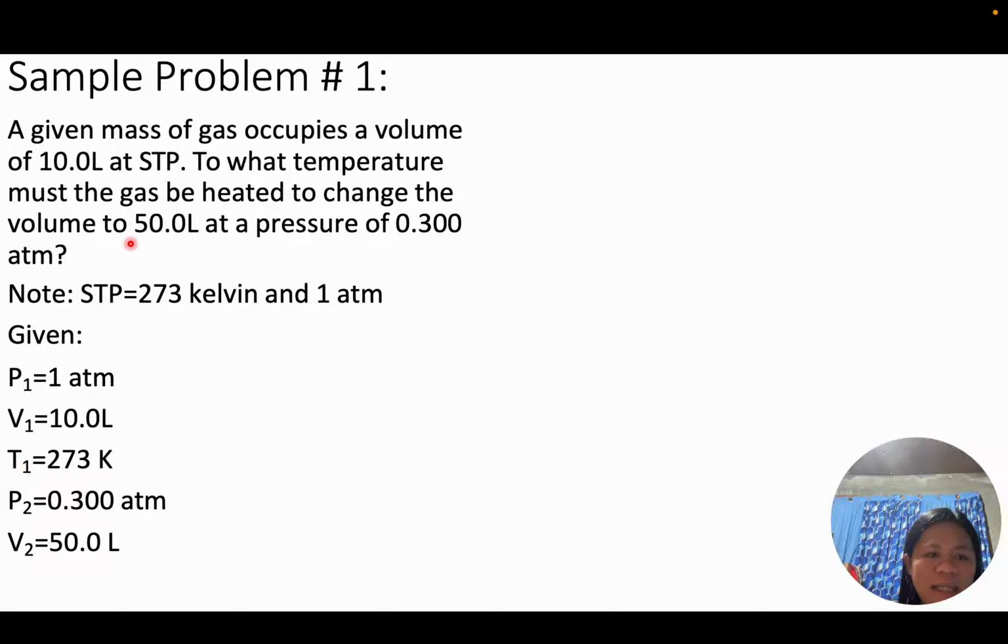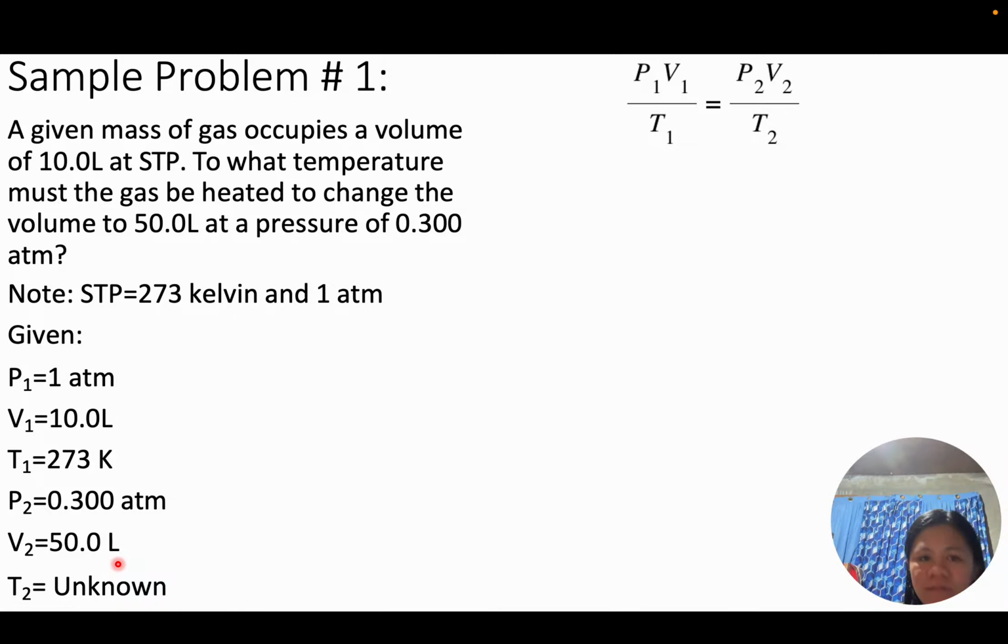Our T1, at standard temperature and pressure, is 273 Kelvin. Our P2 is 0.300 atm. And our V2 is 50 liters. So, what are we looking for? To what temperature? Meaning, T2 is the missing one.